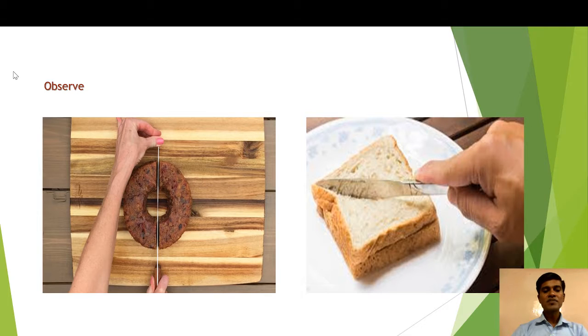Now we are going to observe some interesting objects. You have to find out what is done with these things. See, here are a cake and a bread sandwich. Someone is trying to cut them into two equal halves.